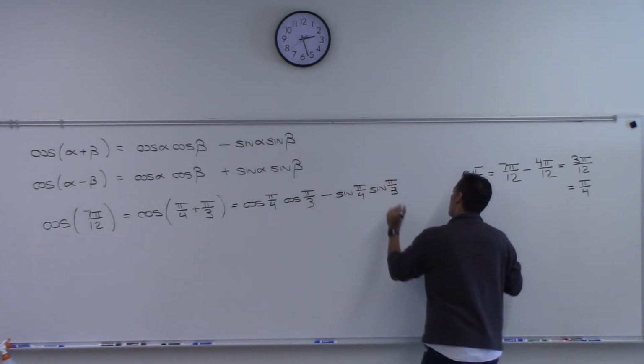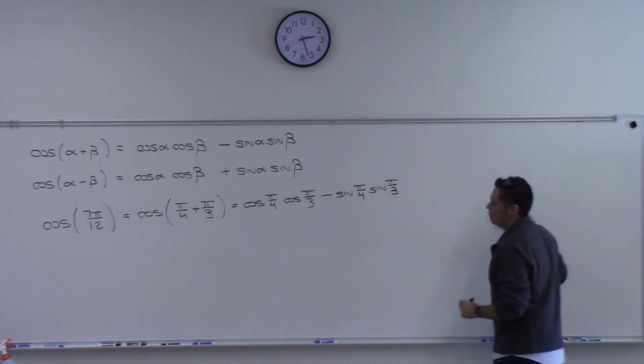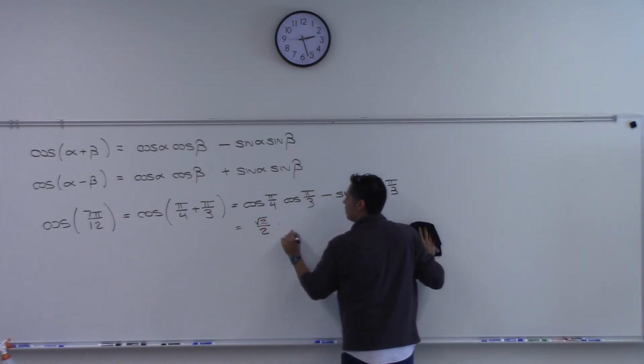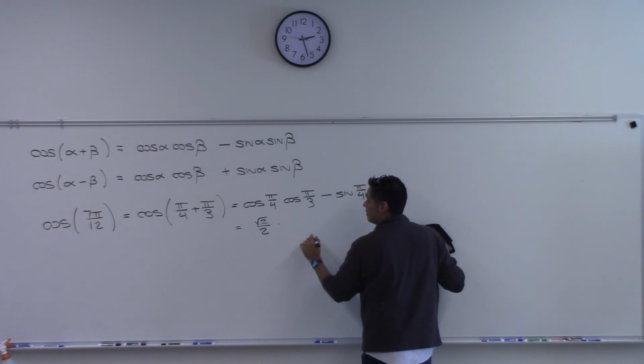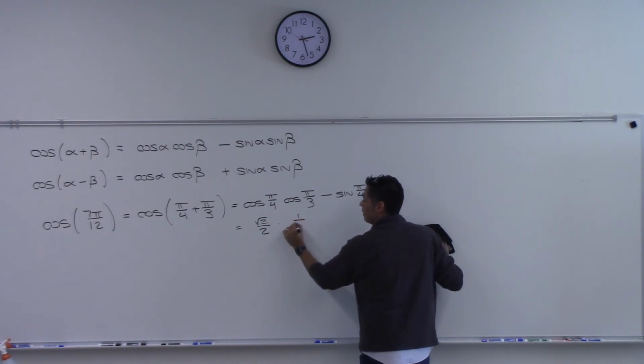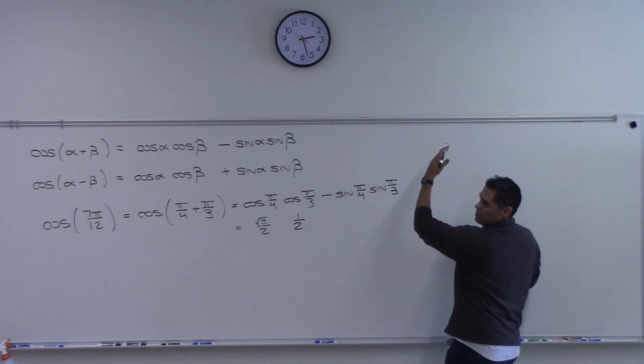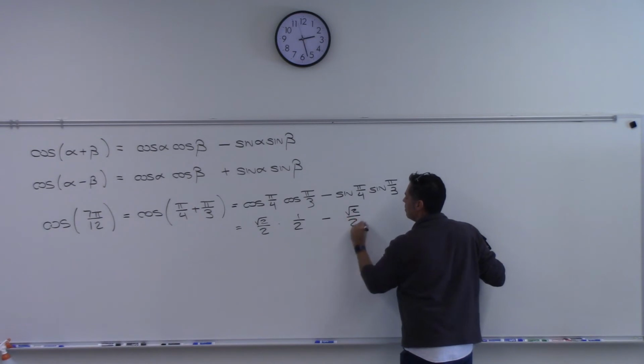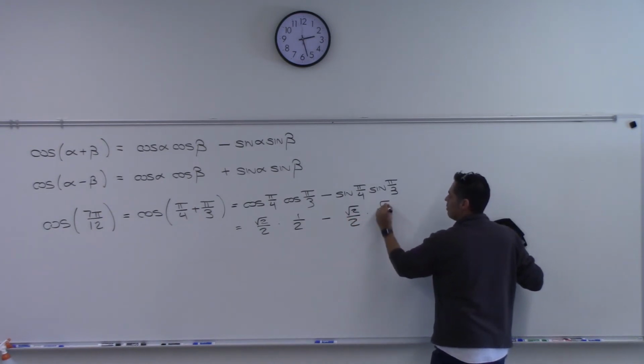And we know those, right? Cosine of pi over 4 is root 2 over 2. Cosine of pi over 3, half. Pi over 3, 60 degrees, cosine, x coordinate. Minus sine of pi over 4, root 2 over 2. Sine of pi over 3 is root 3 over 2.